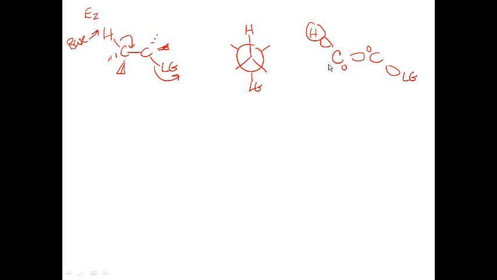So if we write out the sp3 hybrid orbitals for this molecule, I've got my sigma bond, and my two sp3 hybrid orbitals, one bonded to the beta hydrogen and one bonded to the leaving group.